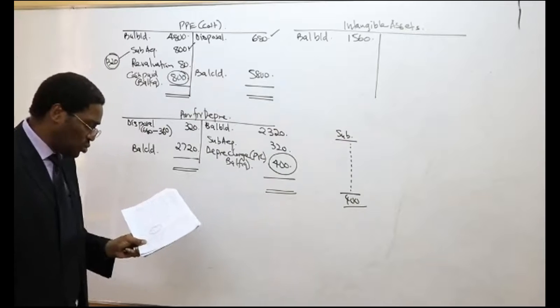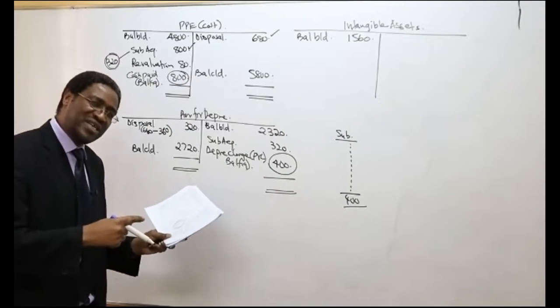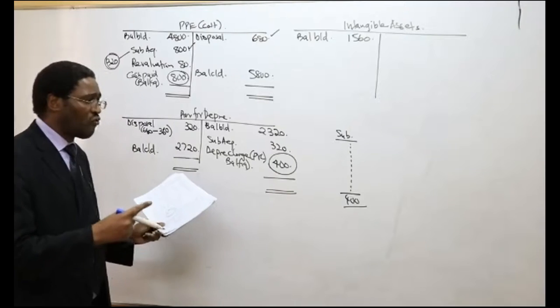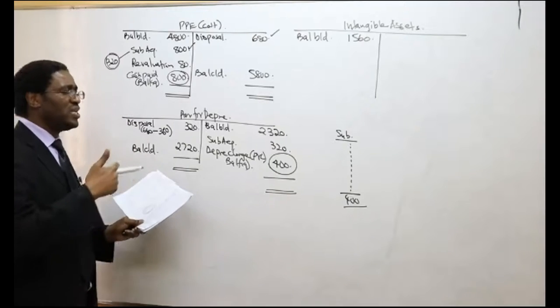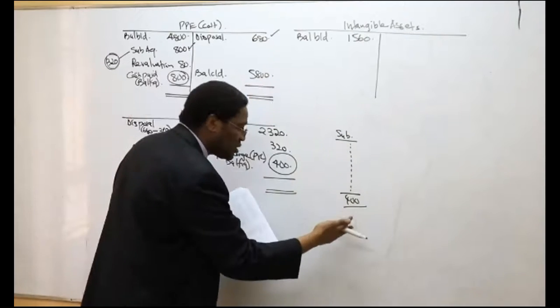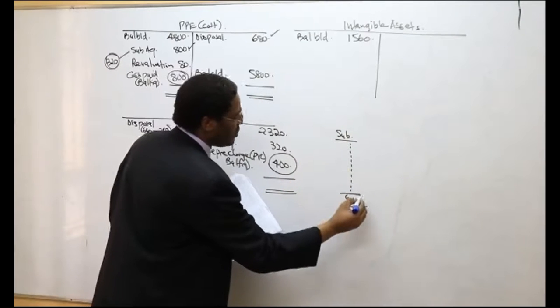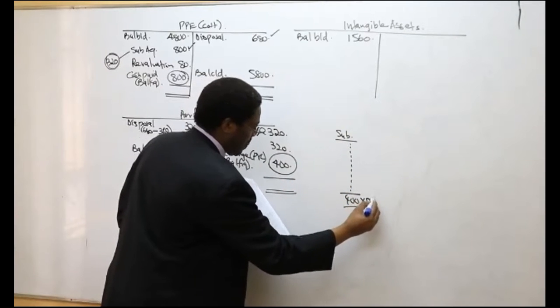We were told we acquired 80% of the shares. Of course, when you buy 80% of the shares, you are buying 80% of the equity. And when you buy 80% of the equity, we say you are buying 80% of the net assets.